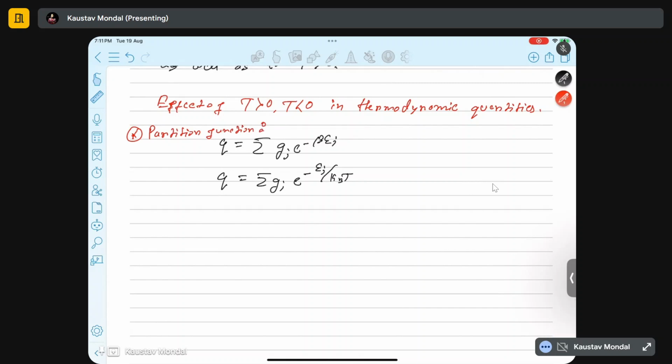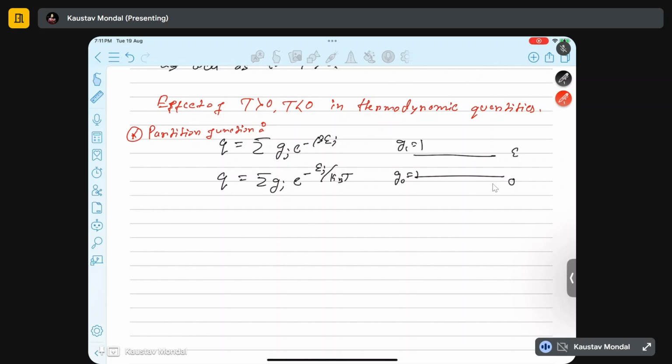So let's take the simplest system, which is a two-level system with energy levels 0 and epsilon. Let's take the degeneracy g0 as 1 and g1 also 1, so there is no degeneracy, it's a non-degenerate level.